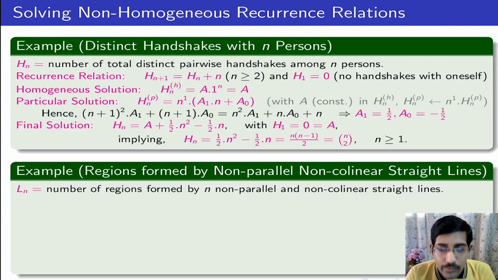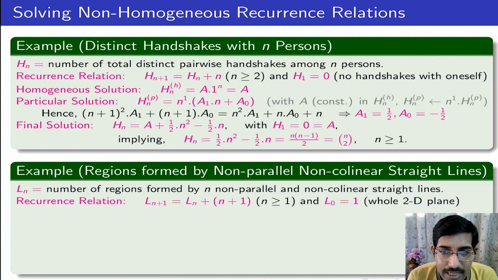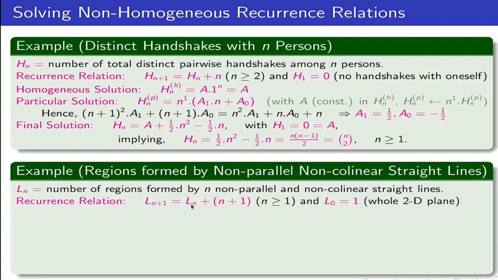So, if you remember, how do we define the recurrence relation? We say that when the n plus 1th line is introduced, it intersects with all other n lines, and while going for intersection, it increases regions, and while leaving the intersection from the last line, it also increases one region. So there are n lines.